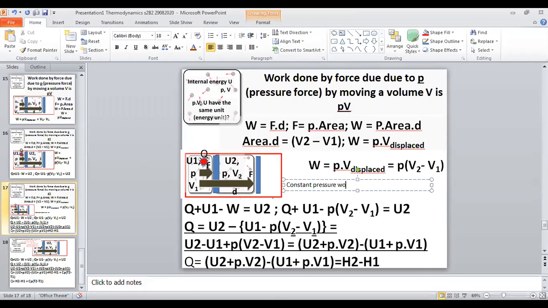Work done. Because at constant pressure, for work to be done, you have to apply heat. Without heat, there is no work done, because this heat turns into work. This is a constant pressure thermodynamic process.